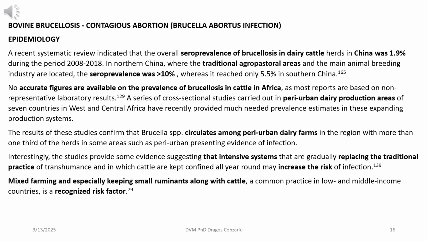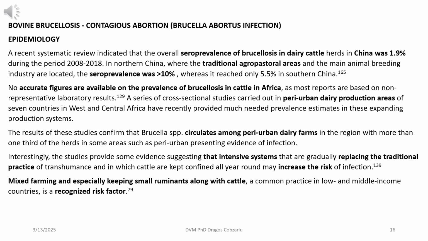A recent systematic review indicated that the overall seroprevalence of brucellosis in dairy cattle herds in China was 1.9% during the period 2008 to 2018. In northern China, where the traditional agro-pastoral areas and the main animal breeding industry are located, the seroprevalence was greater than 10%, whereas it reached only 5.5% in southern China.